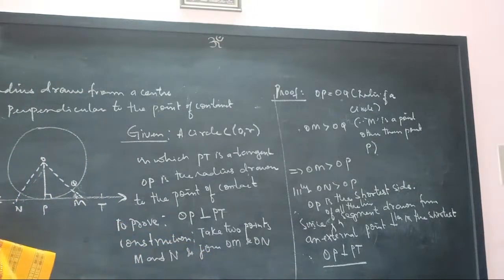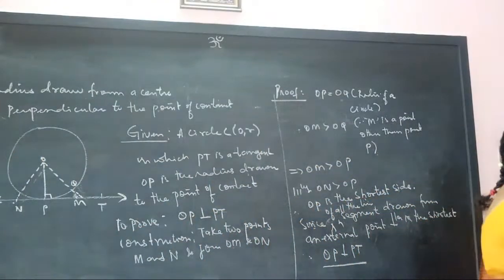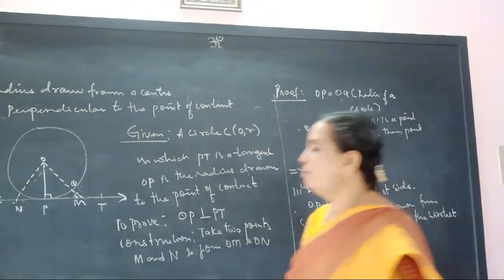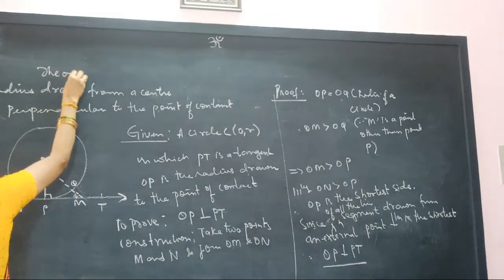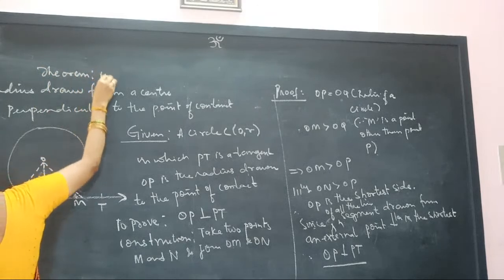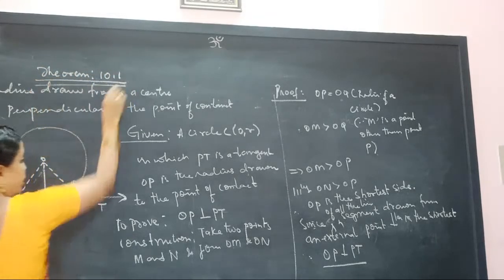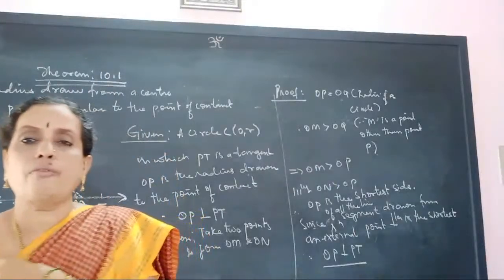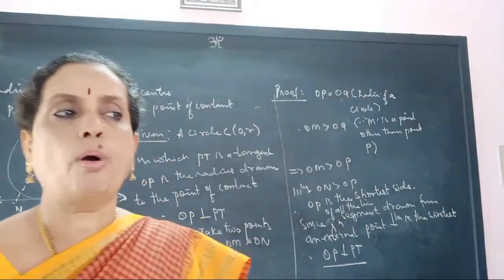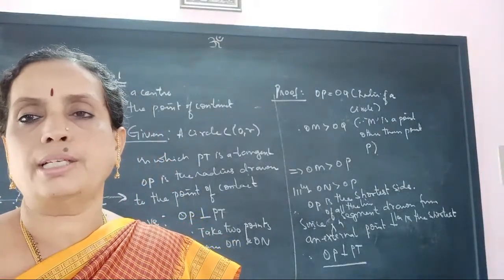Have you all taken it? So in the textbook we have this theorem 10.1. According to theorem 10.1, the radius drawn from the center to the point of contact is perpendicular to the tangent.